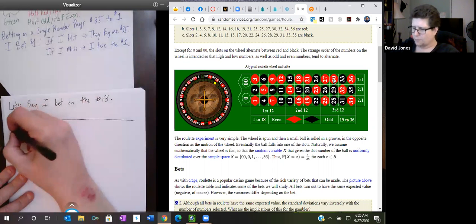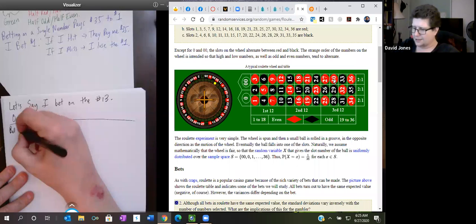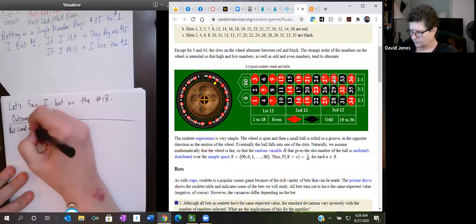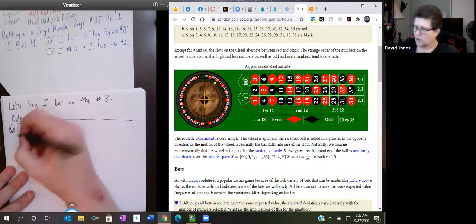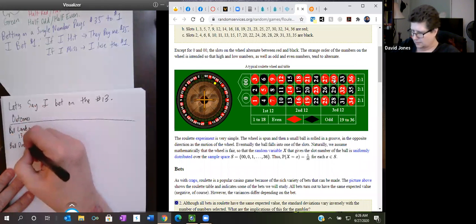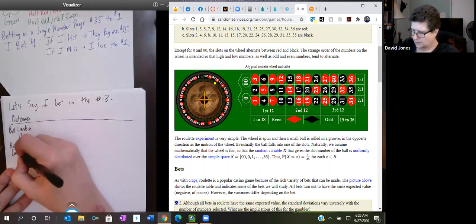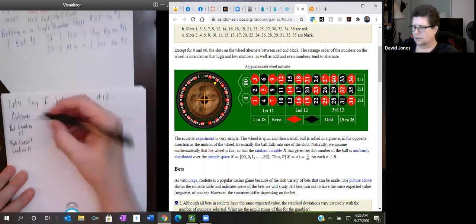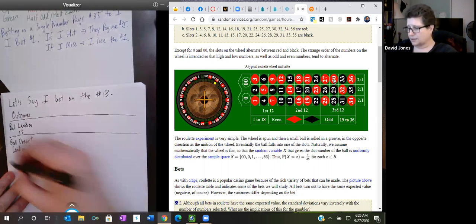The ball lands on 13. The ball doesn't land on 13. Those are my two outcomes.